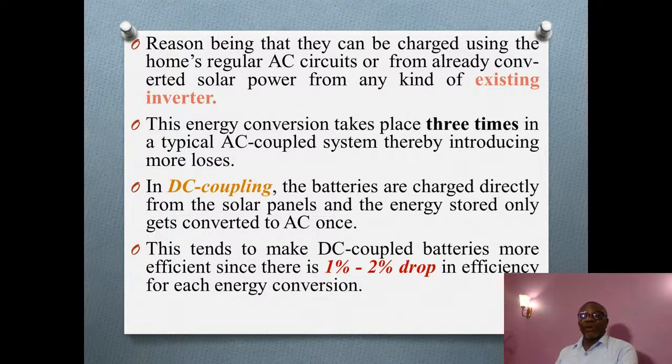This tends to make DC coupled batteries more efficient since there is always a 1 to 2% drop in efficiency for each energy conversion. So in AC coupling, you have 3 conversions. If each conversion gives a 2% drop, it means by the time you do the 3 times, you already have a 6% drop in efficiency.